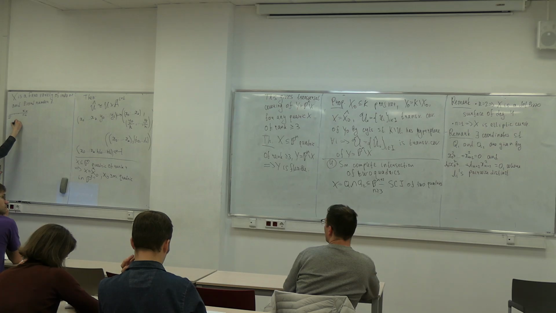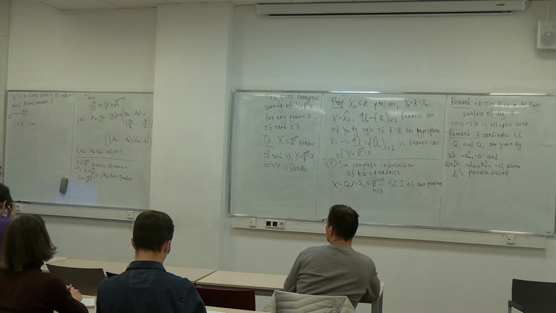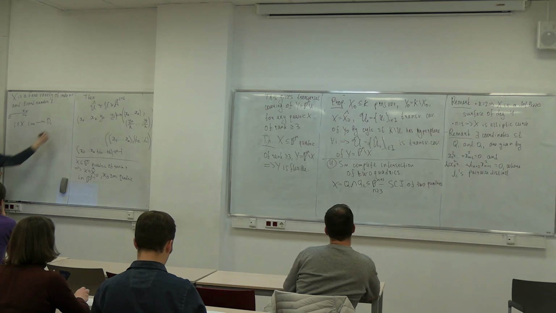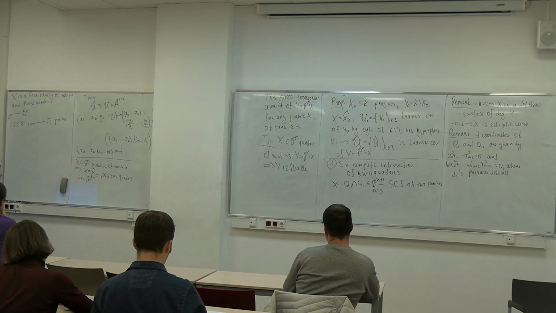If you have a line L in X, a projective line, a linear subspace in Pn, it gives you a prime divisor DL. We prove the theorem that the affine cone over any such intersection is flexible.